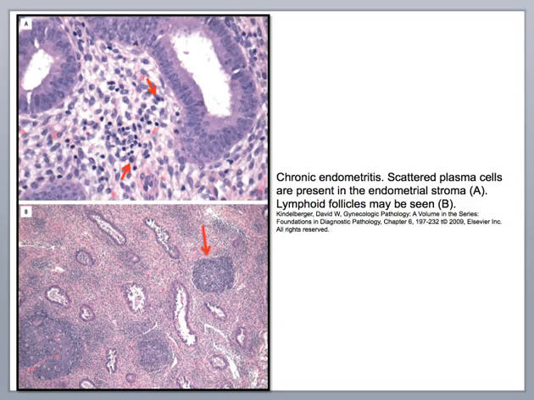With the exception of tuberculosis, the pathologic hallmarks in chronic endometritis are nonspecific. Scattered plasma cells are present in the endometrial stroma, and the presence of plasma cells is essential to the diagnosis. In addition, lymphoid follicles may be seen, as seen in the lower panel, indicated by the red arrow.